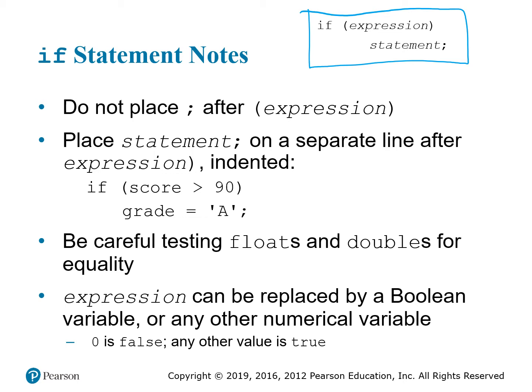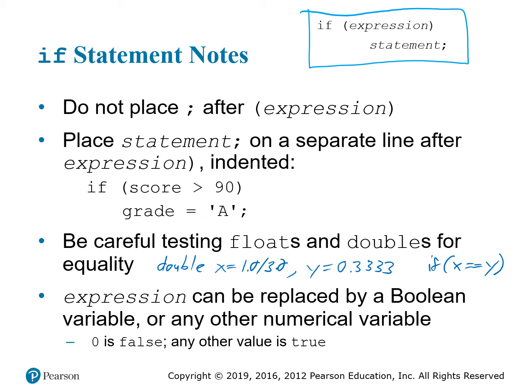Be careful testing floats and doubles for equality. Floating point numbers are rarely equal to each other. So if, for example, I had double x equals 1.0 over 3.0, comma, y equals 0.3333, and I said if x equals y, would that be true or false?